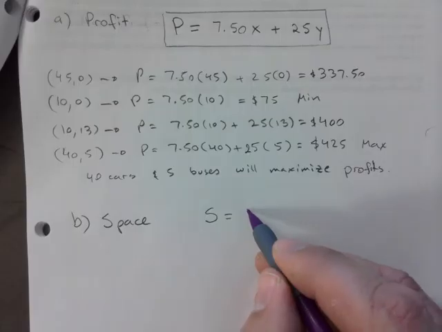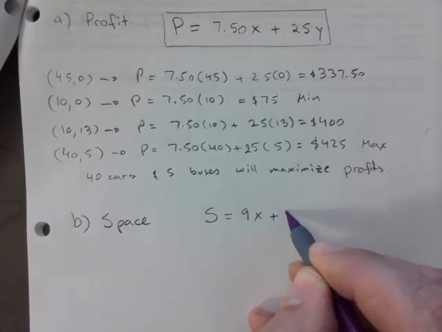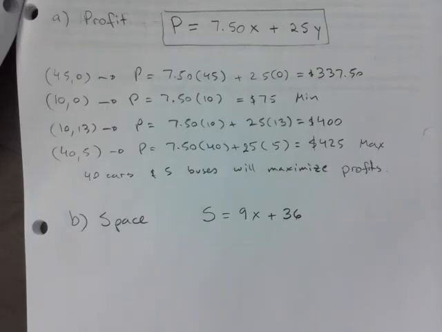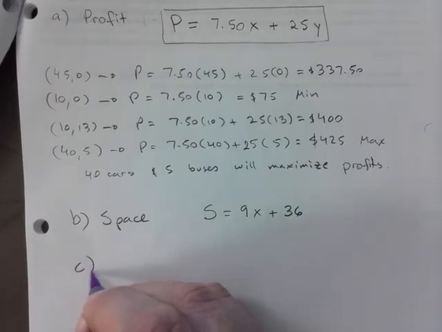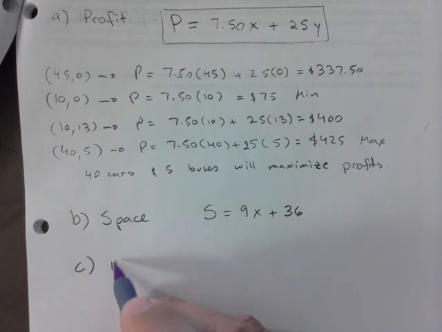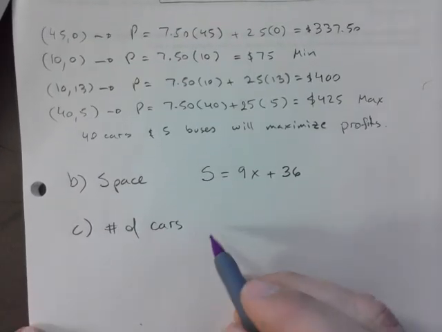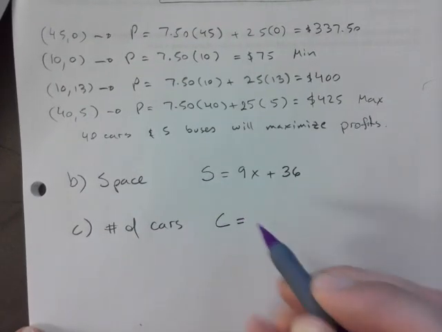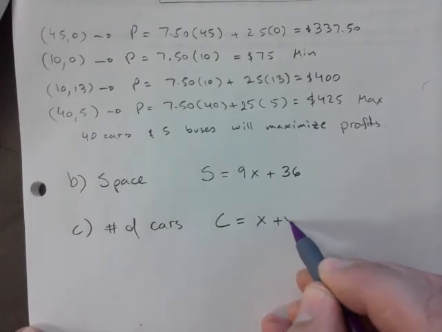A car uses 9 and a bus uses 36 square feet. So that would be space. One more. And then you can go. Number of cars parked at all times. Like how can you get the most cars parked at any time? Cars would simply be X plus Y.